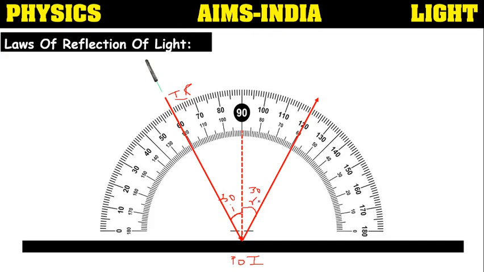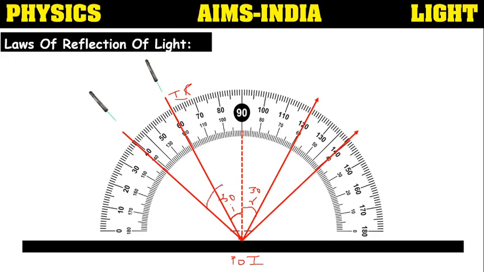Let's move the laser light to another angle. Now we want to focus it through 40 degrees. This is the incident ray, coming through 40 degrees and hitting the mirror. It will be reflected back along this line through 140 degrees. Now what is the angle of incidence?